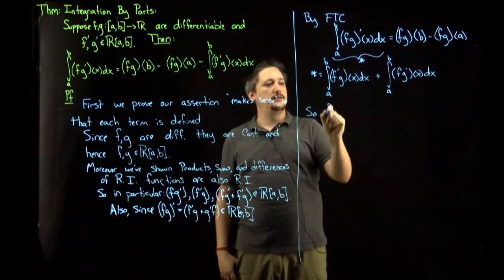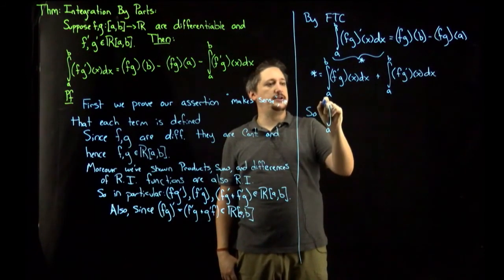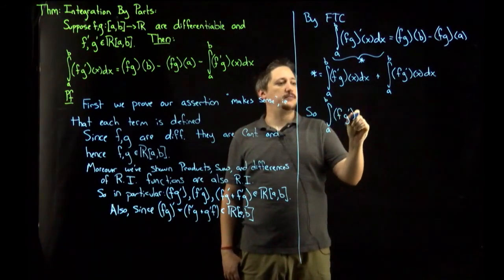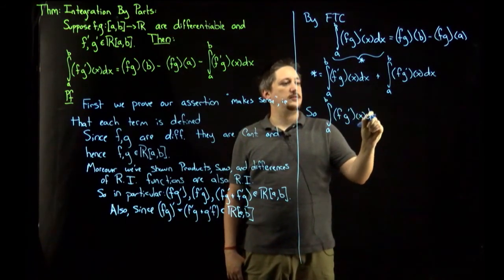So I'm going to have the integral from a to b of f g prime applied to x dx.